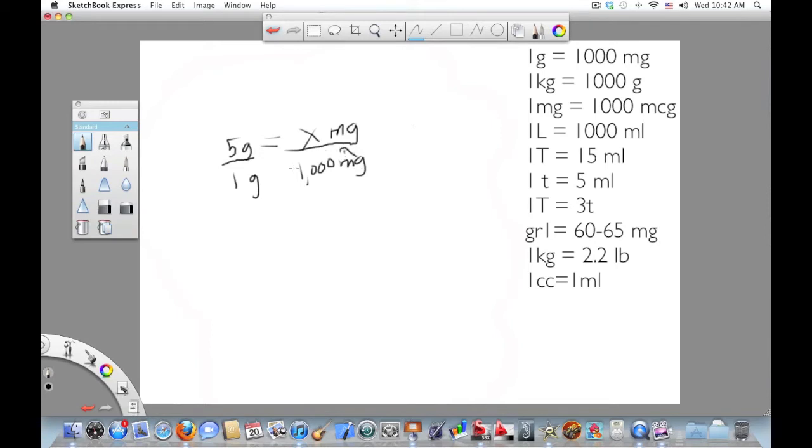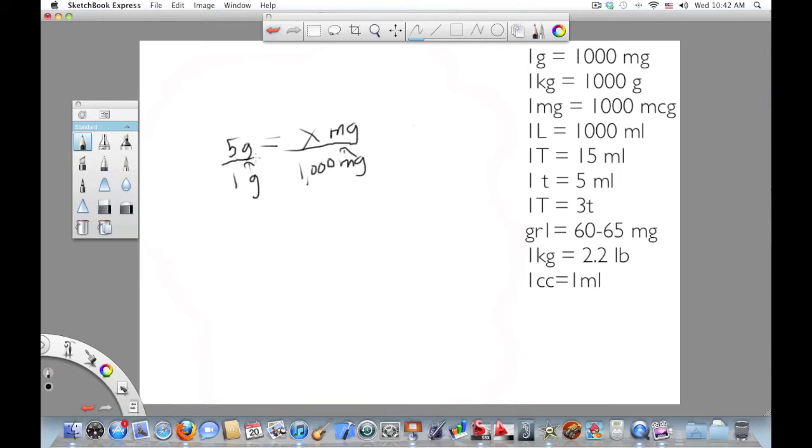You see that? Milligrams and grams, that's what you want to match. And it's very important that you never change these numbers. If 1 gram is equal to 1,000 milligrams, those are the numbers you're going to use. You don't want to use 1,000 grams equal to 1 milligram. It's 1 gram equal to 1,000 milligrams.